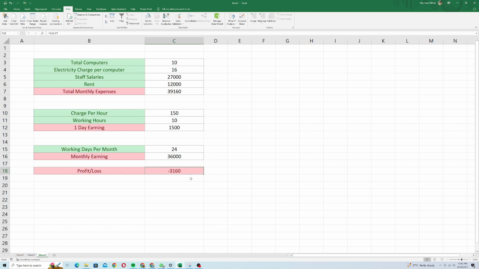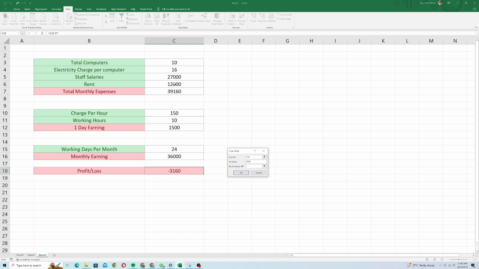Now, suppose you want to achieve a profit of 5,000 for your company in a month. Let's see how we can change other values to achieve that particular goal. I will go to the goal seek function and set this value to positive 5,000. Suppose I want to reduce the staff salaries to a certain amount to achieve this 5,000 profit goal.